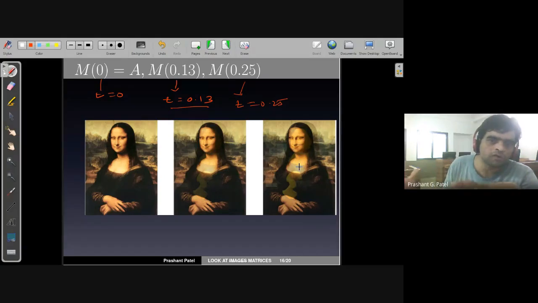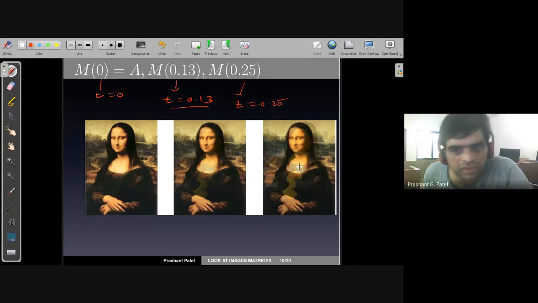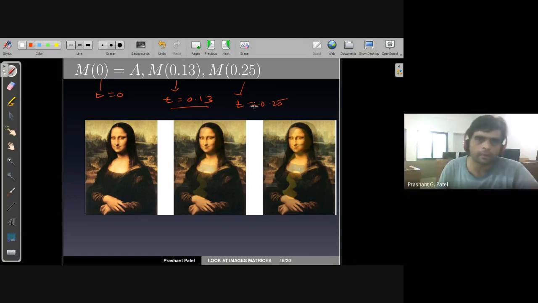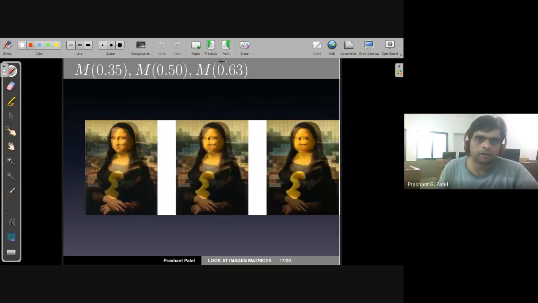What we are doing is actually composing two images. Some mobile applications also do this kind of thing; they compose two images together. So what the actual operation is doing, we'll see from here. Here the value of T is 0.35, here it is 0.50, here it is 0.60.